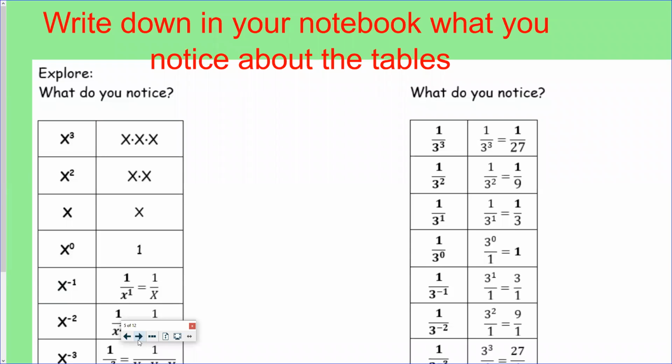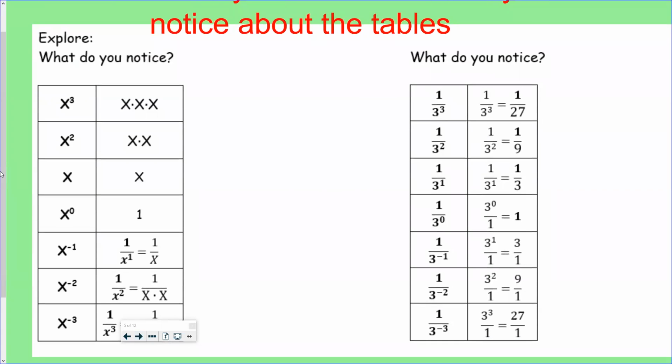All right, so pause the video, take a look at these tables. What do you notice is happening on both of these tables? All right, so as I take a look at these, this is actually something that we've already kind of started talking about last week when we talked about dividing and subtracting our exponents.